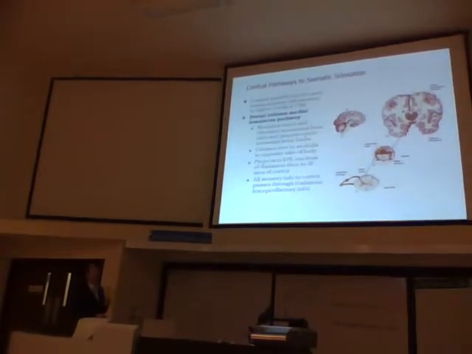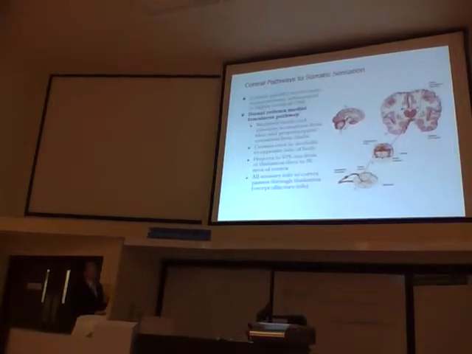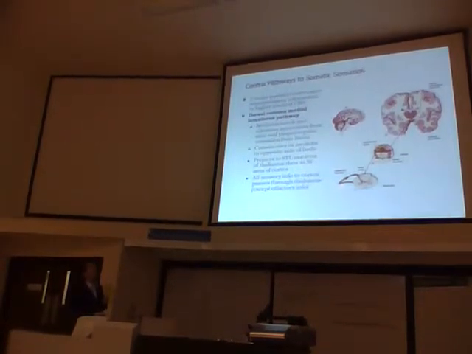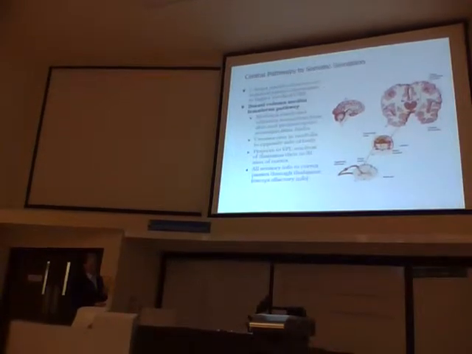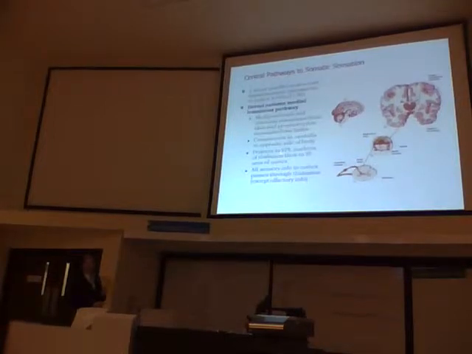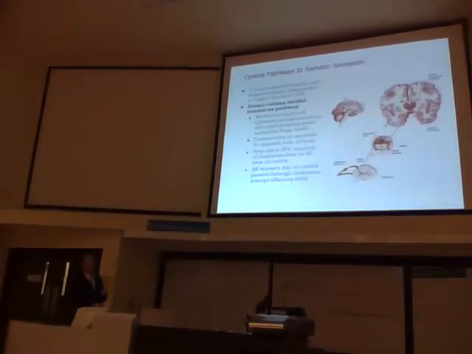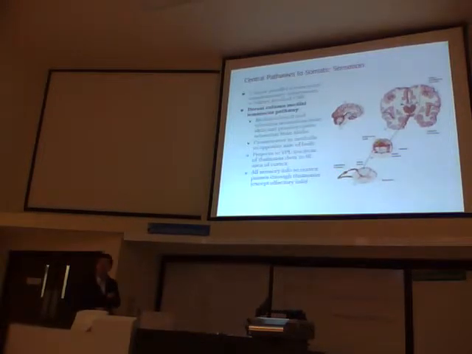And then the postsynaptic neurons in the medulla cross the midline to the opposite side of the body, shooting all the way up to a cluster of nuclei known as the ventral posterior lateral nuclei in the thalamus, where it forms another synapse.